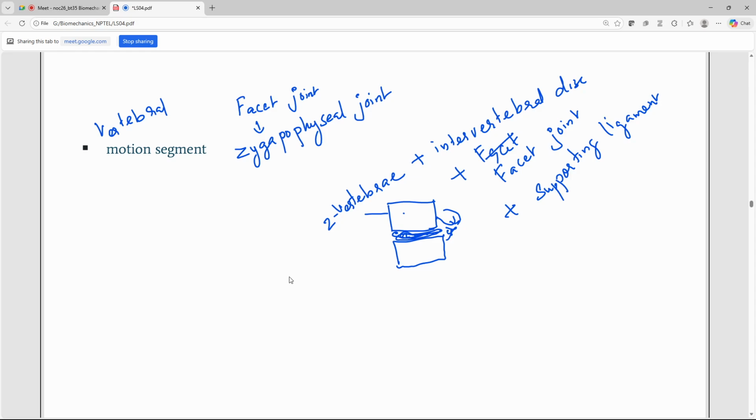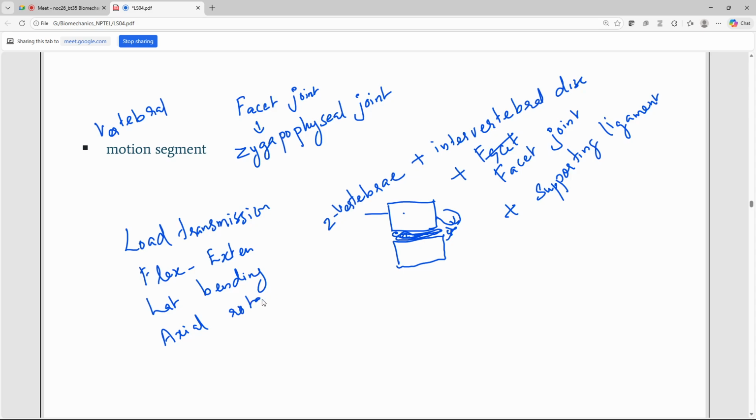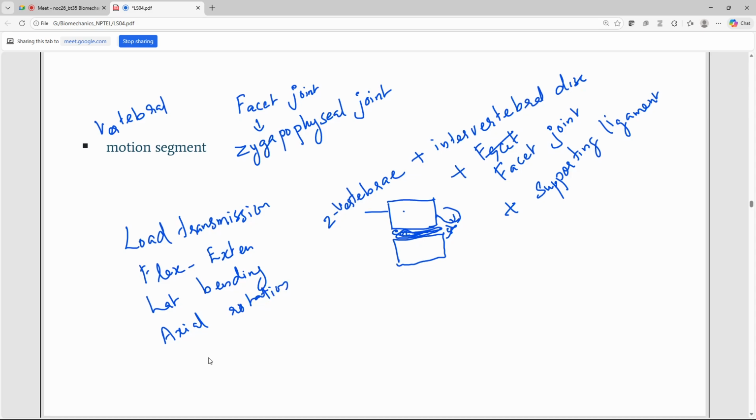That is load transmission, flexion, extension, lateral bending, axial rotation, and finally stability and mobility.